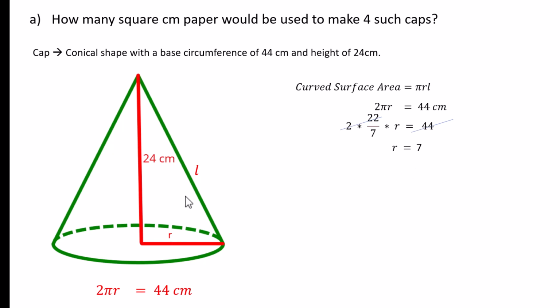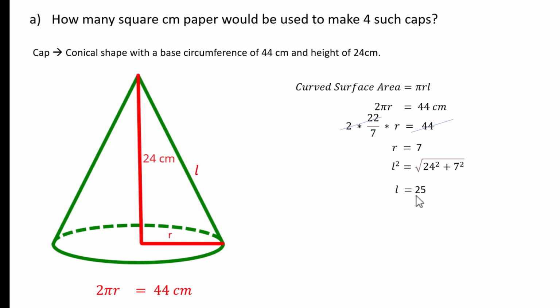Now, once we have the value of r, it becomes easy for us to calculate the value of L using the Pythagorean theorem. So L square is 24 square plus r square. r is 7, which we just found out. So 24 square plus 7 square will be 625. Square root of 625 is 25 centimeters.